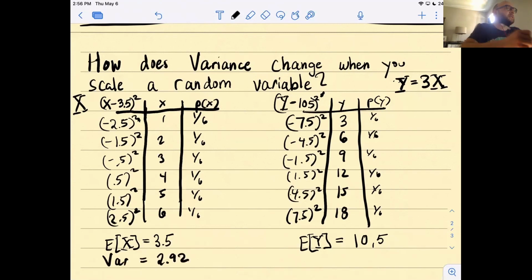What do you guys think will be the new variance of the dice roll, but the dice no longer is 1 to 6, it's 3 to 18? Based on what we're seeing here, anyone want to take a guess what it would be? There's just a little bit of algebra to see there, anyone want to venture?